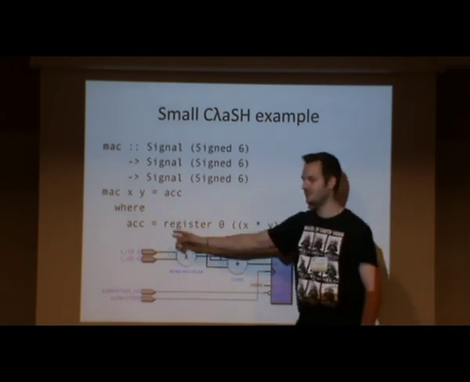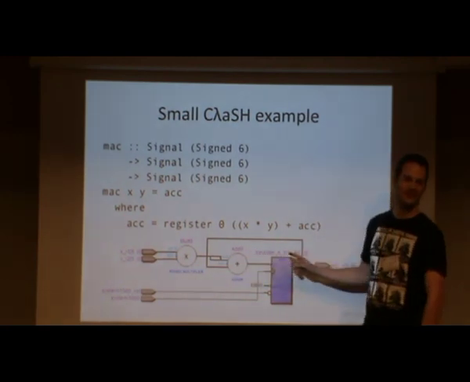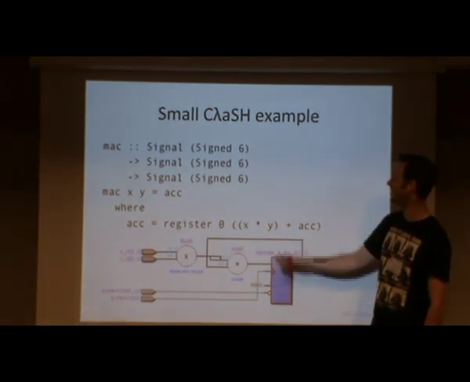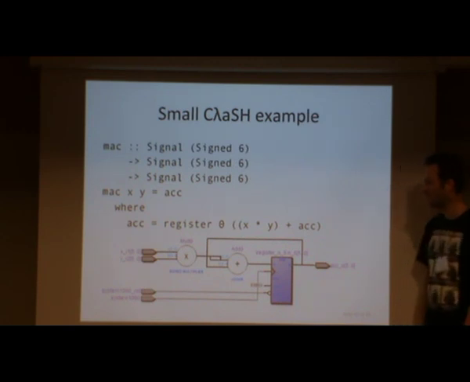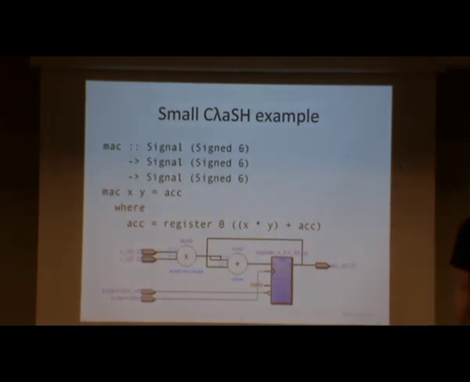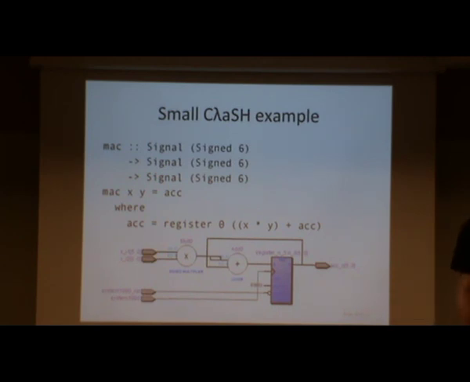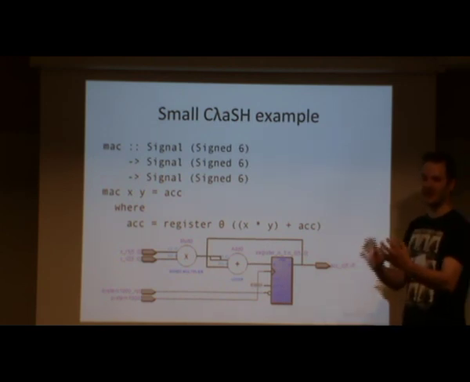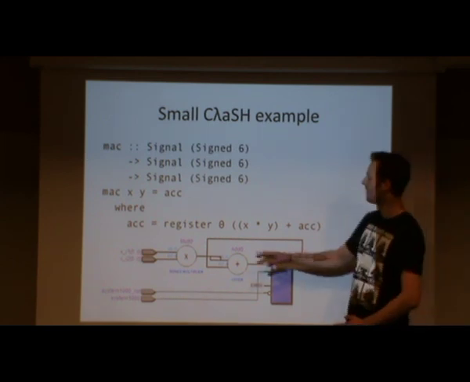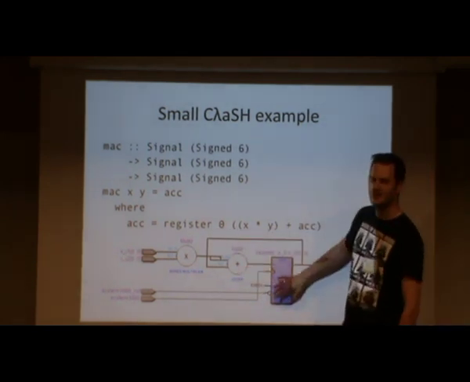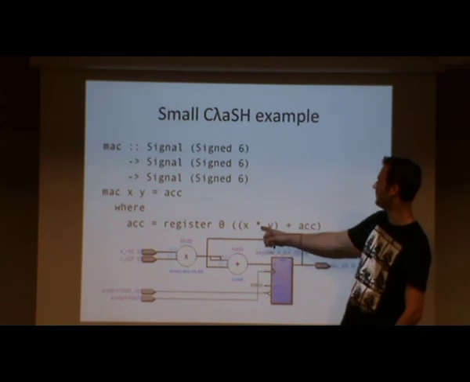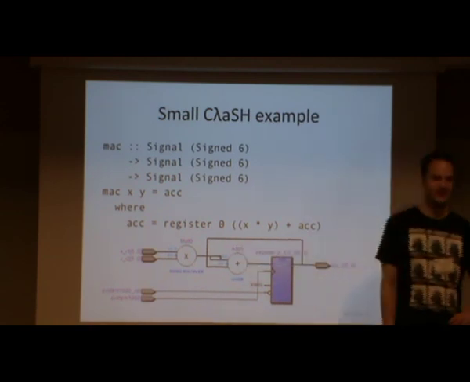We just use a recursive description to get feedback. The above code gets mapped to the VHDL that produces the schematic you see at the bottom. You can already see what I mean by looking at it structurally: because we wrote register here, we get the register there, and we have multiplication, so it gets the multiplication.